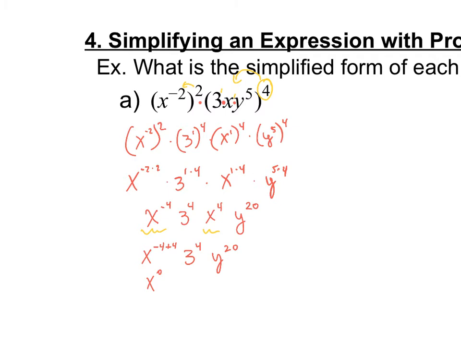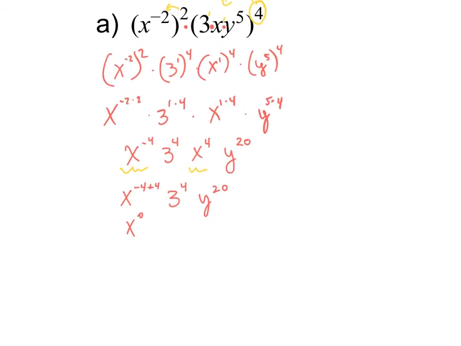So this would be, well, I guess I'll just show it. We have x to the 0 times 3 raised to the 4th is going to be 81 times y to the 20th. So again, this becomes 1, so we have 81 y to the 20th is our final answer.